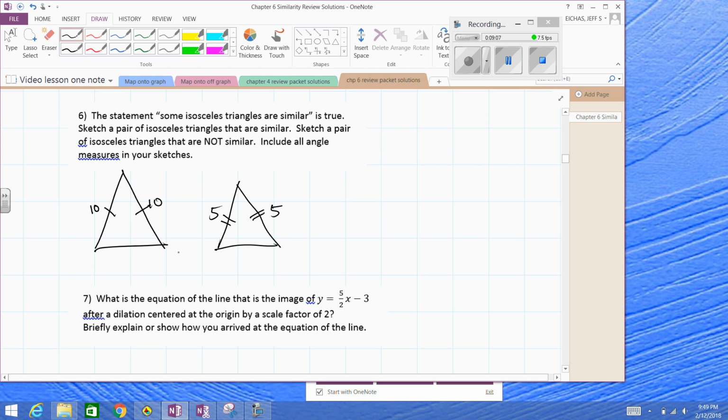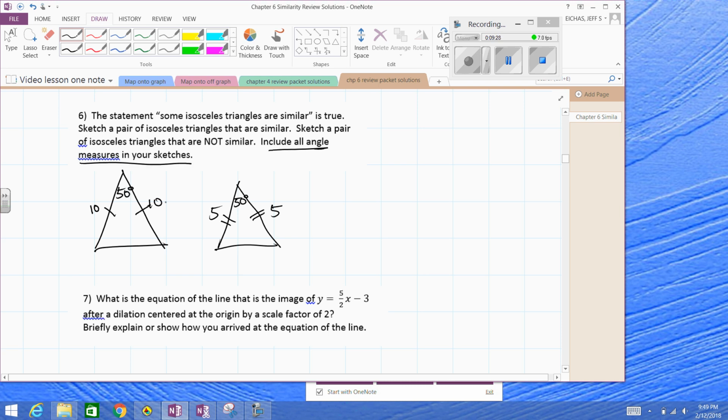And I don't know what the third side will be, but maybe I can make up an angle measure of 50 degrees. Here, I don't want to commit to what the third side is because I could be wrong. Oh, include all angle measures. That's what I was looking for.